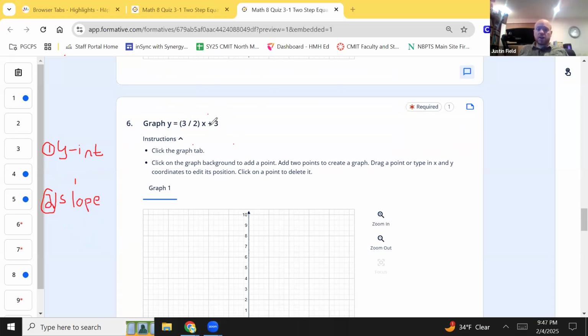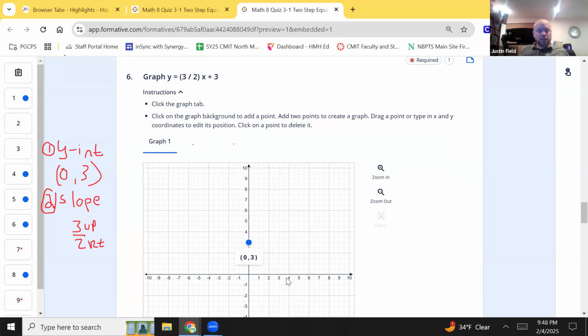We're starting with the y-intercept, which is 3. So we have the point 0, 3. And our slope is 3 over 2. Positive, so like I said, we're going up and right. We're going to go up 3 and right 2 from the y-intercept.